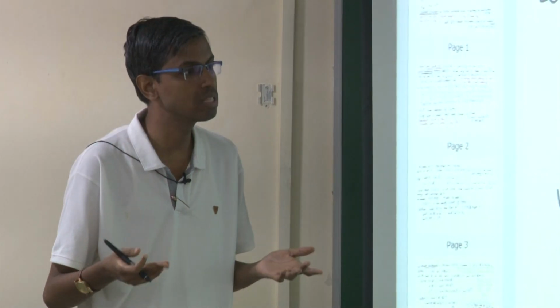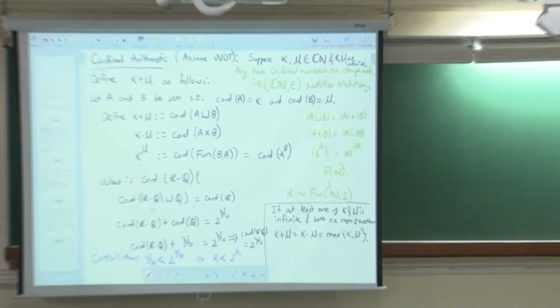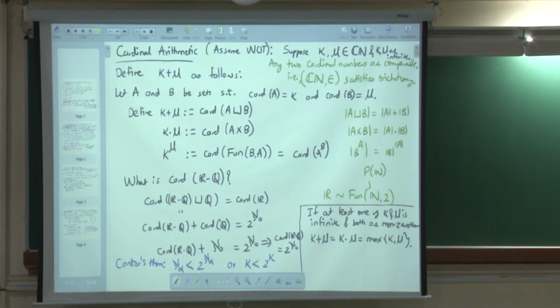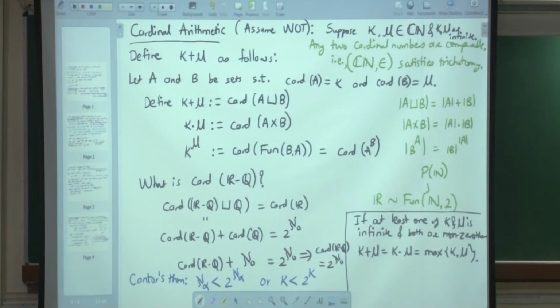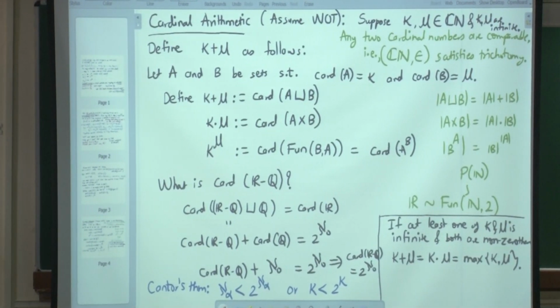So this will imply that the cardinality of R minus Q is equal to 2 to the aleph naught. I did not write the whole argument, but I invite you to do that. Please make sure you write this argument down properly.